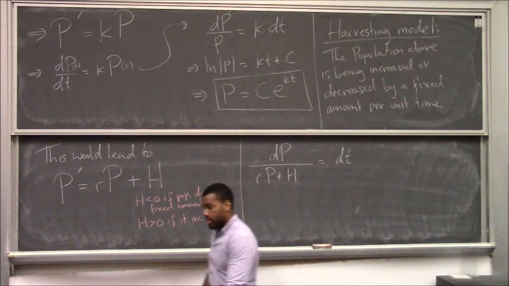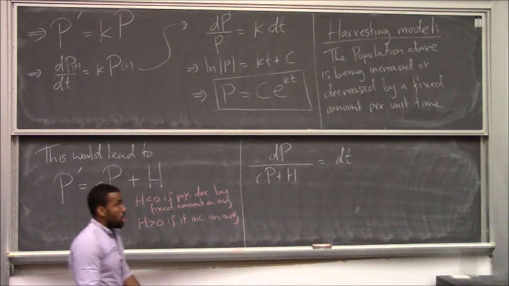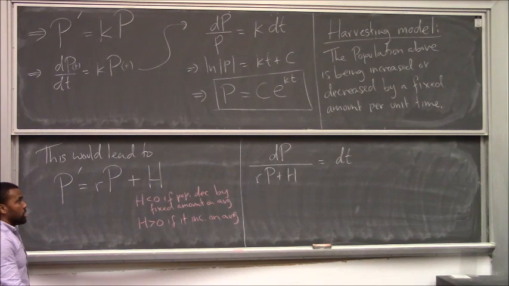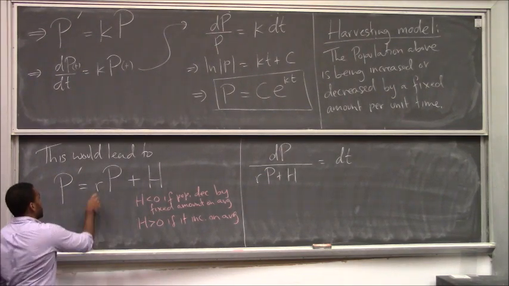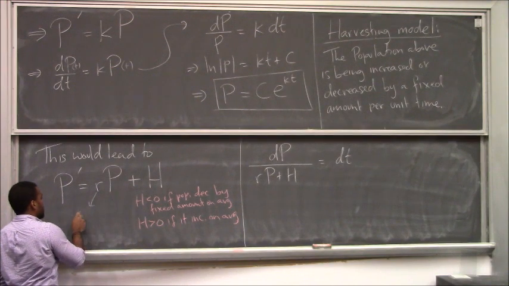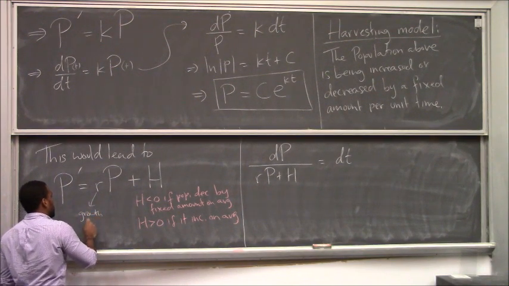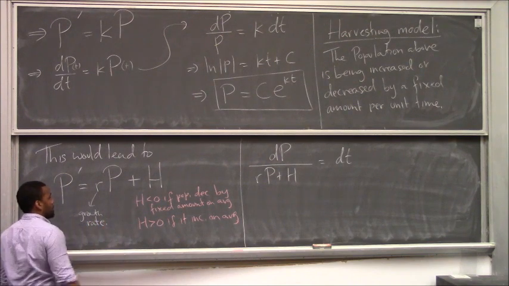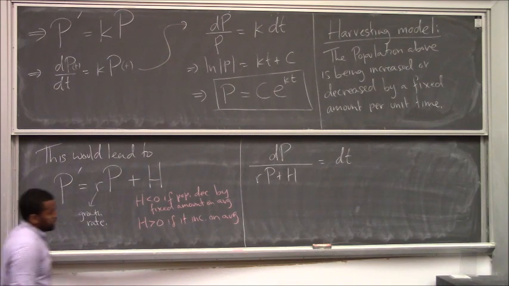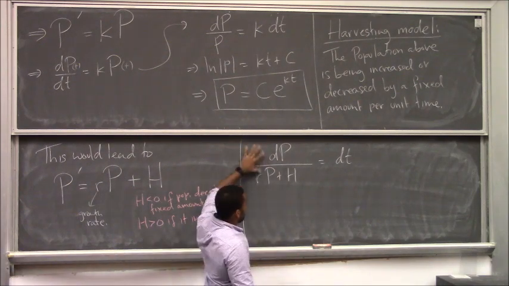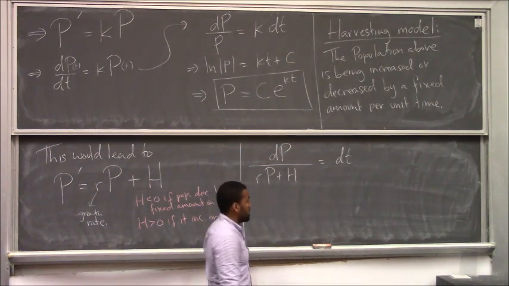So this is in fact separable. 1 over rP plus h is a function purely of P because r and h are constants. r is going to be the constant of proportionality or the growth rate, and h is a constant because you're assuming it's changing by a fixed amount. And so this is a function of P times dP, that's a function of t times dt.